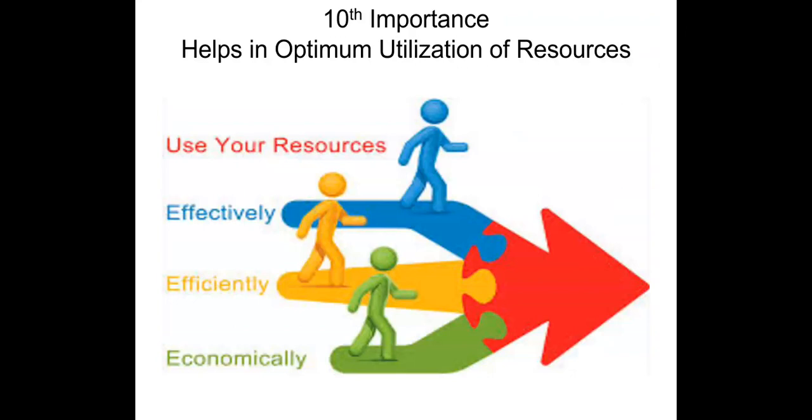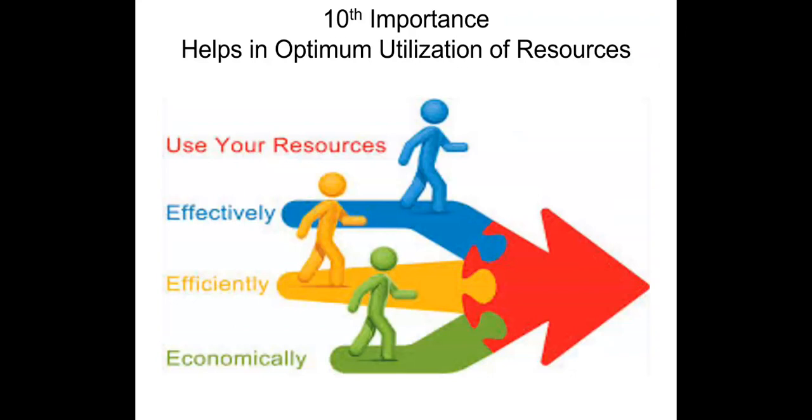That means whatever resources they have, resources such as men, material, machine, money, all these resources have to be utilized to the maximum. Like if you have a sugar cane, you use the sugar cane to produce sugar juice, then the waste of the sugar cane is used as fodder, so there is nothing being wasted in it.